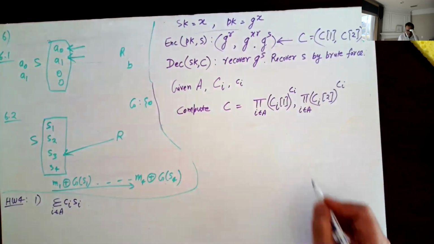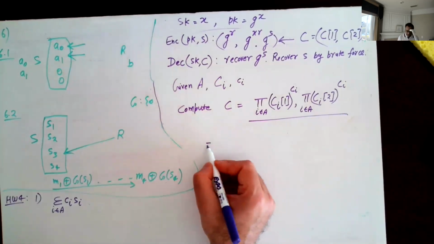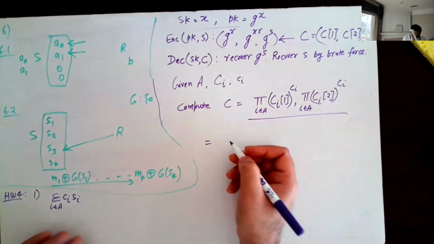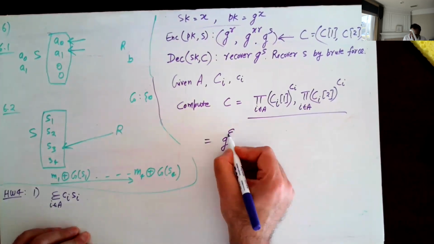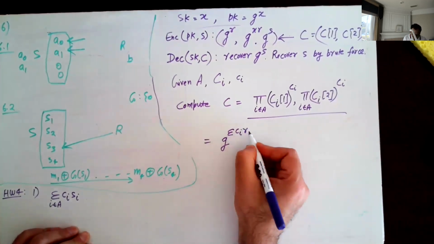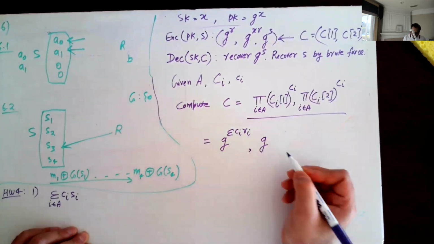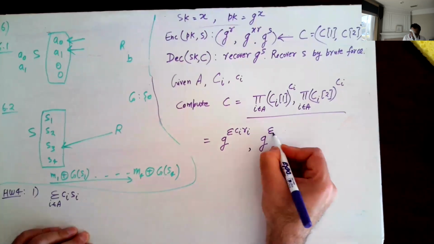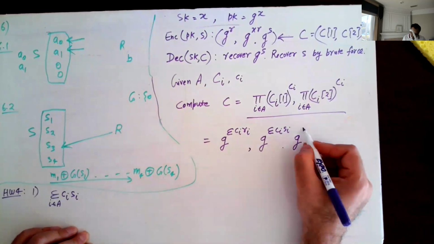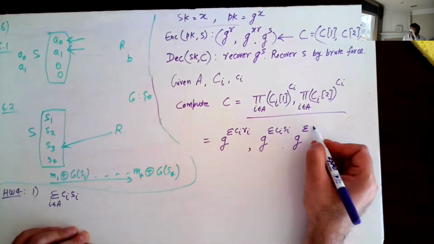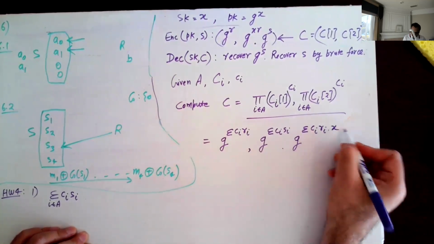So now let's look at this expression. This is equal to g to the power summation ci ri, comma, g to the power summation ci si times g to the power summation ci ri x.